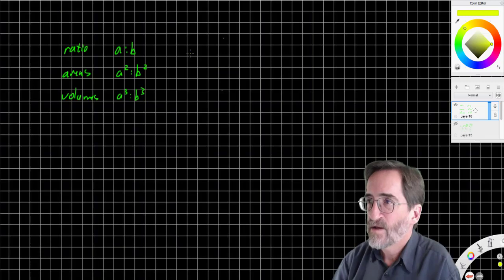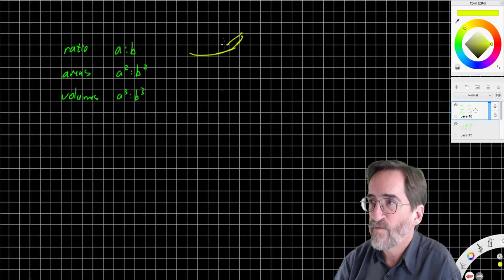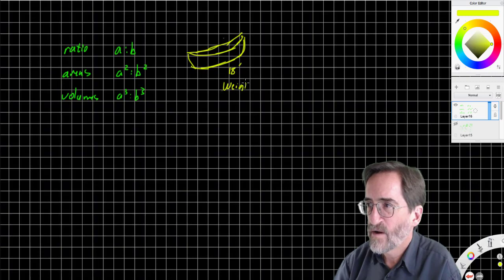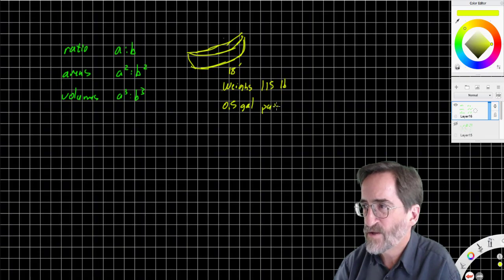The original canoe is 18 feet long and weighs 115 pounds. And it took 0.5 gallons of paint to paint it.